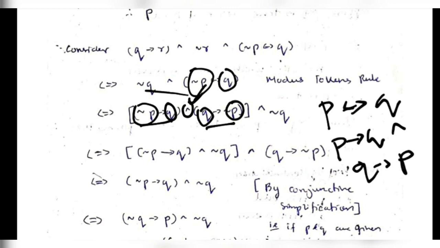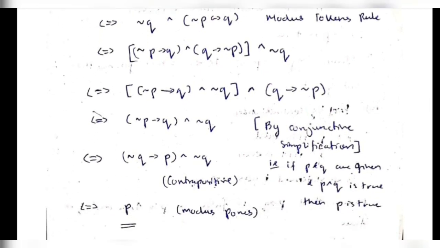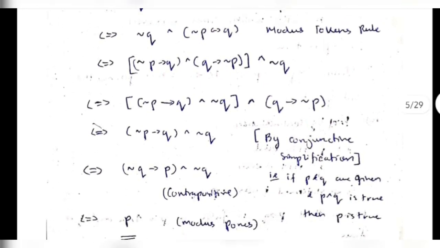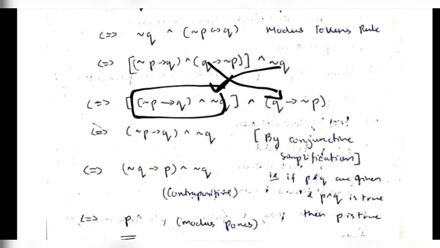Then this and q will be written here the same. Then we will take this outside and take not q inside, because when we take not q inside, we will get the conjunctive simplification here, and this will be eliminated.